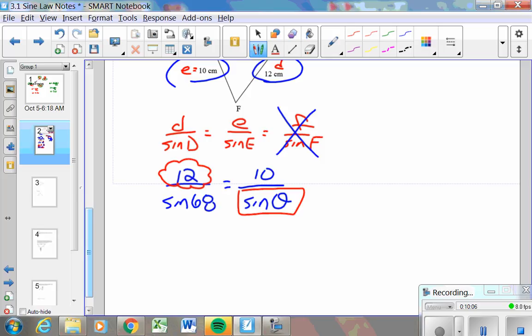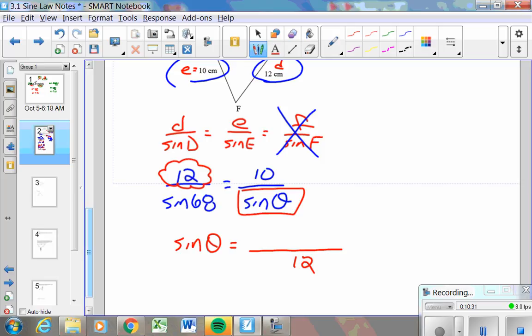If I have 12 times sine theta, I have to divide by 12. So the sine theta is going to be by itself, and the 12 has gone to the bottom. By cross multiplying, those two multiply each other, and then I have to divide by 12 to get sine theta by itself.